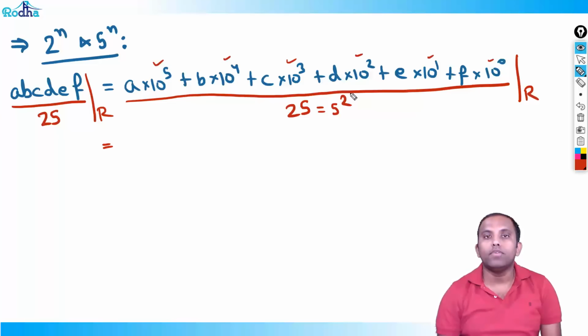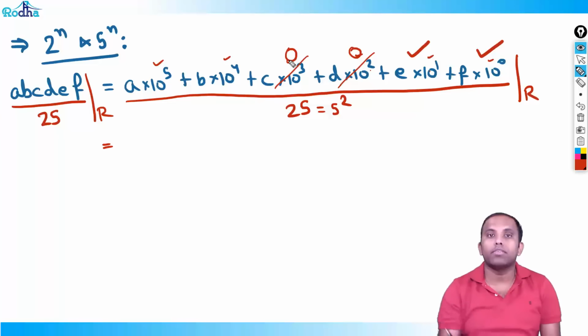Once you divide by 5 square, 1 by 25, the remainder is 1 only. 10 by 25 will get some remainder, that is 10. Now 100 by 25, what is the remainder? The remainder is 0. 1000 by 25, what is the remainder? Again 0, because 1000 is completely divisible by 25.